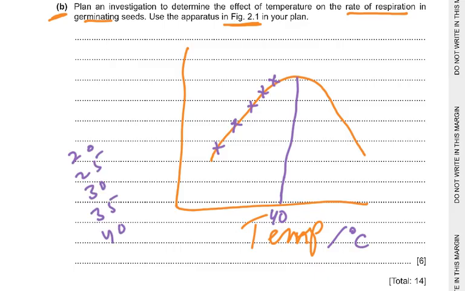So you're going to get a linear graph. But if you took temperatures like 40, 45, 50, 55, then of course you will get points on the axis here, here, here, here, or here.